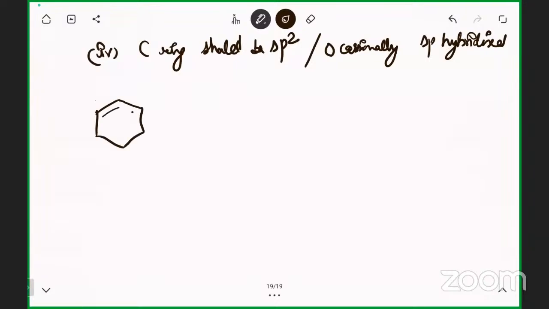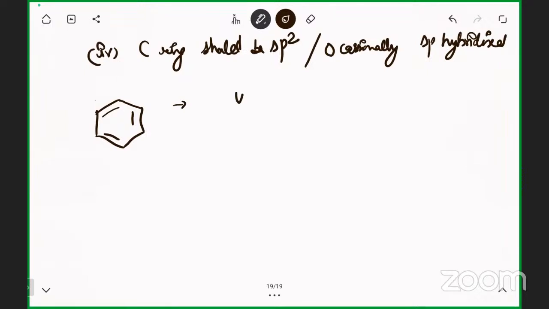Some examples I'll do, some examples you will do. Okay, first we'll see this particular system. See, the first condition was the compound must be cyclic. This is cyclic. Very good. All the atoms are on the same plane, so planarity is present in the compound. And the third thing is Huckel's rule.